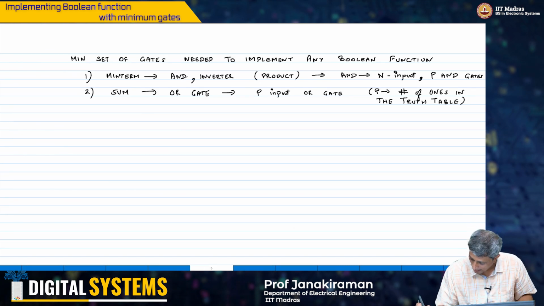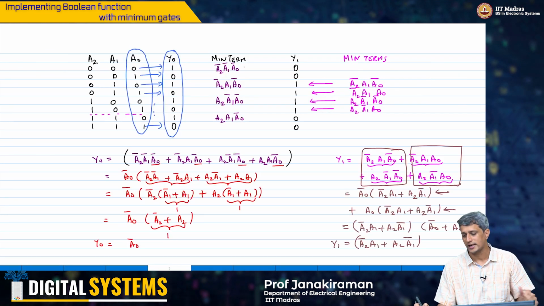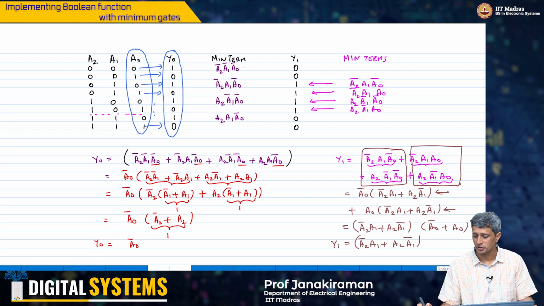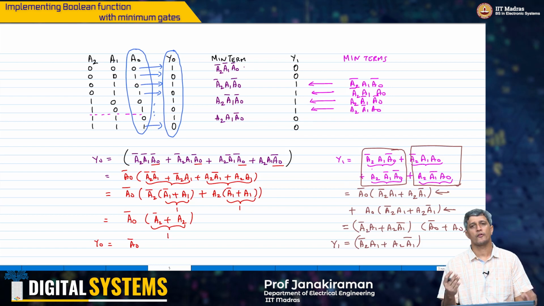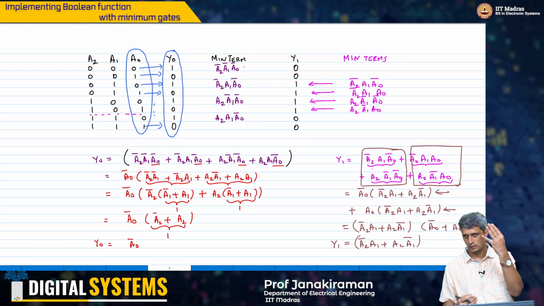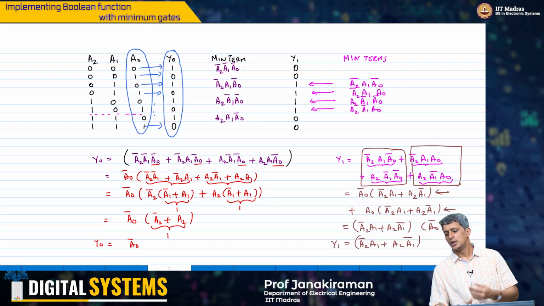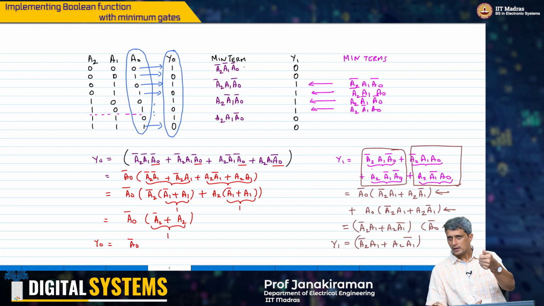Likewise, if you go back and look at the other expression, the y1 implementation, again there were 4 ones, but in different combinations. So each of them needed a 3 input AND gate.